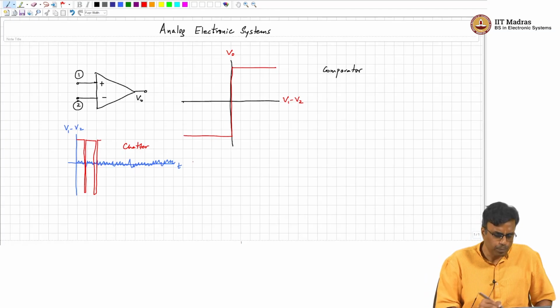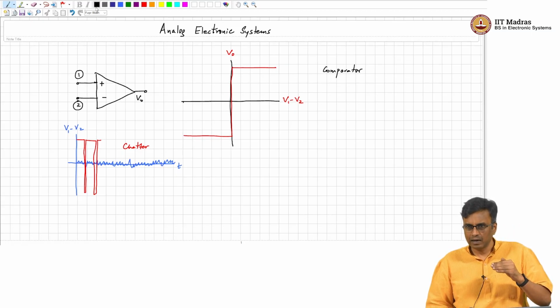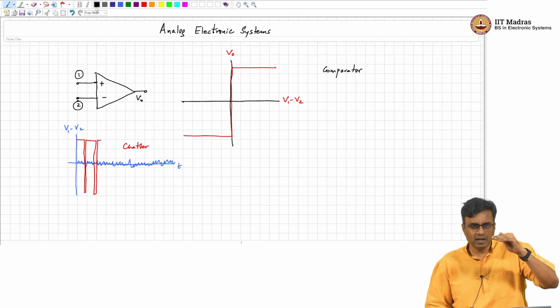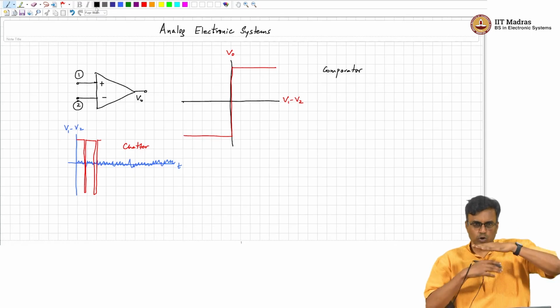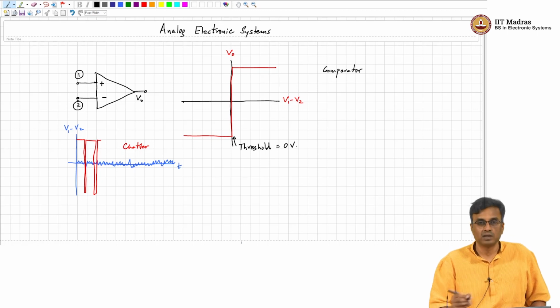So ideally, what do we want? If we know that the input is slightly positive, and it is this noise which is causing the effective threshold to get crossed, right? And this is the threshold, which is 0 volts, right?